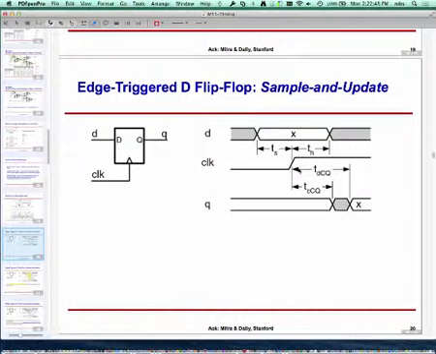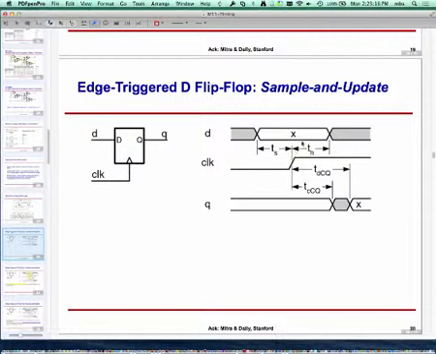Generally setup time is positive. It's saying that any change in the data which you expect me to capture, the new value of the data, must happen before this time instant. Between this setup time and the clock edge, the data value should not change. Again, this is for the case where setup time is positive.